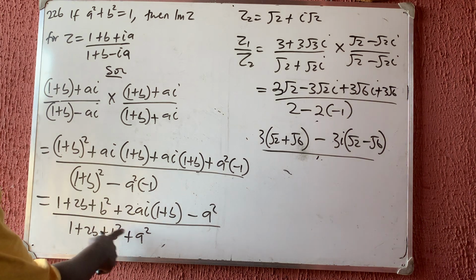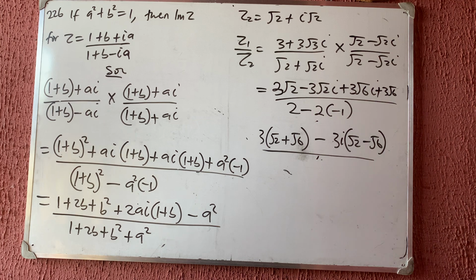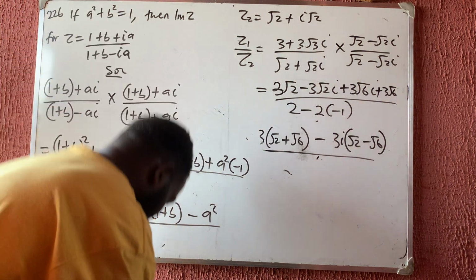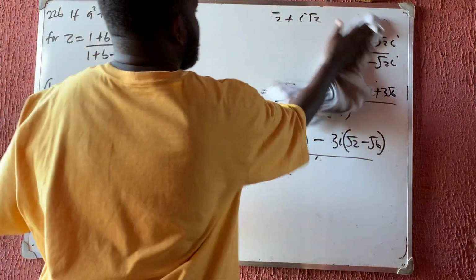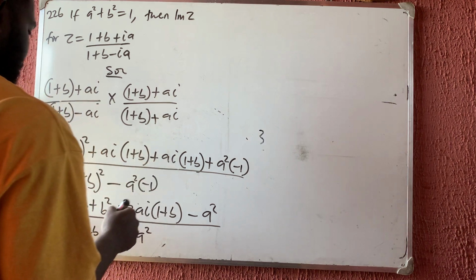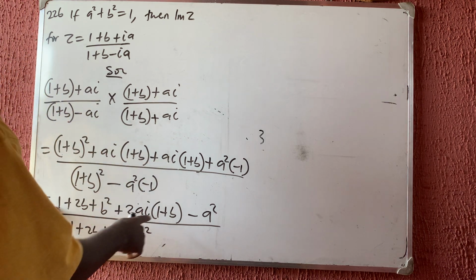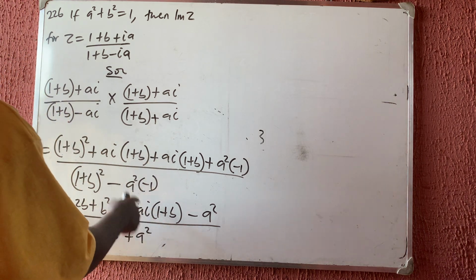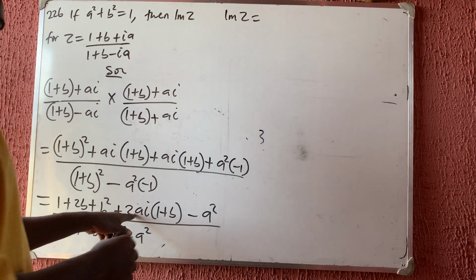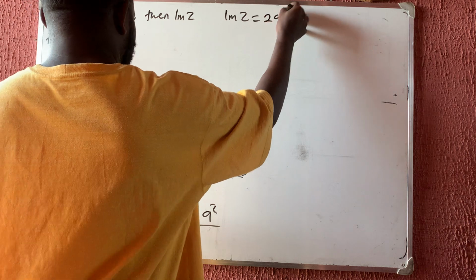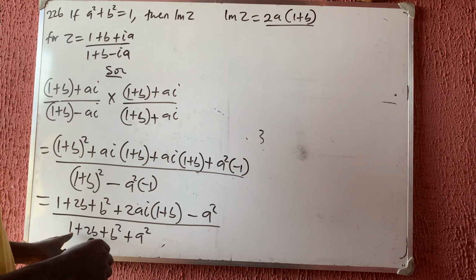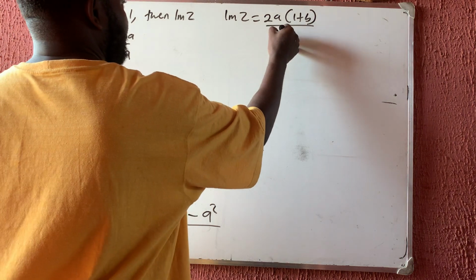They said that a squared plus b squared is 1. If a squared plus b squared is equal to 1, I'm going to have the imaginary part, which is the side that has i. So the imaginary part of z is 2a in bracket of (1 plus b) all over (1 plus 1 plus 2b).